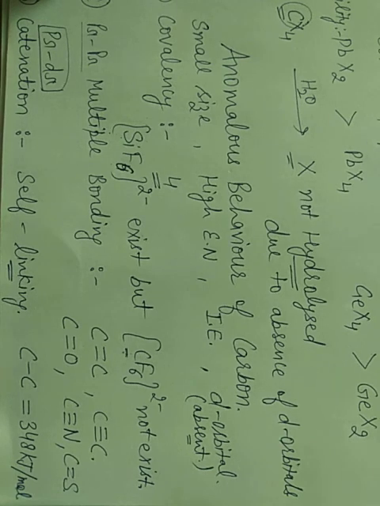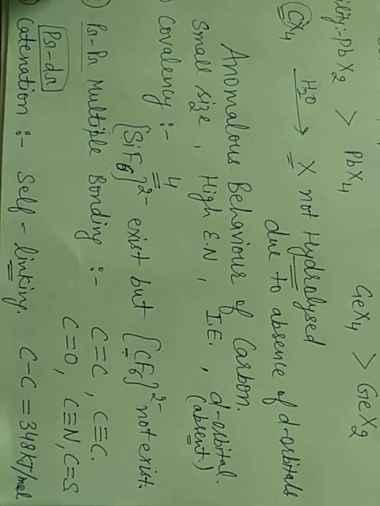Now the allotropes of carbon. Allotropes means different forms of the same element having different physical properties but similar chemical properties. The existence of allotropic forms of an element is called allotropy.